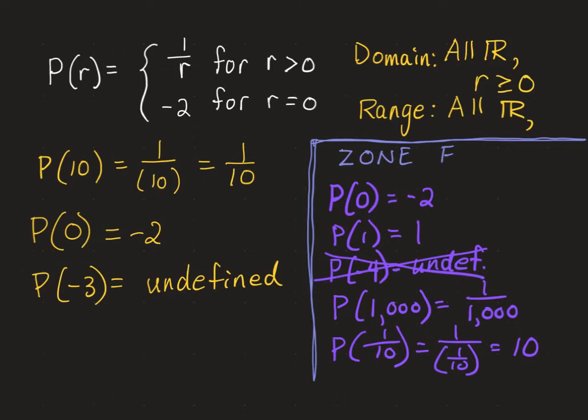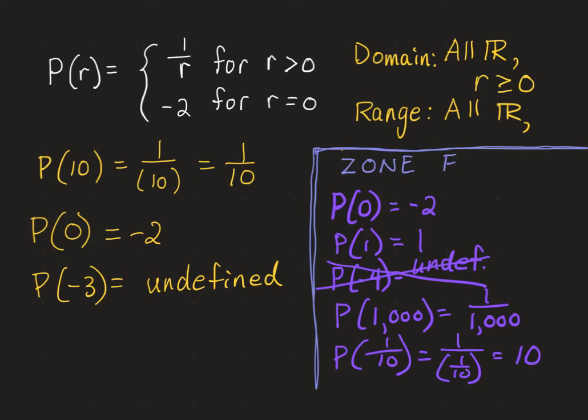All right, but if you look at our extreme value, this tells us that as we get more and more extreme, bigger and bigger, this value is going to get closer and closer to 0, but it will never reach it. So our range cannot include 0. And if we put in fractions, it gets really, really big.